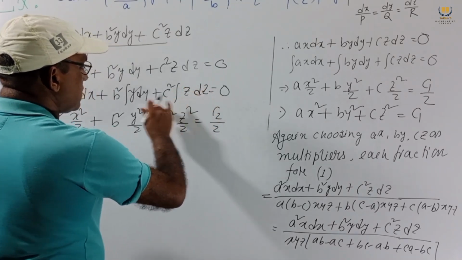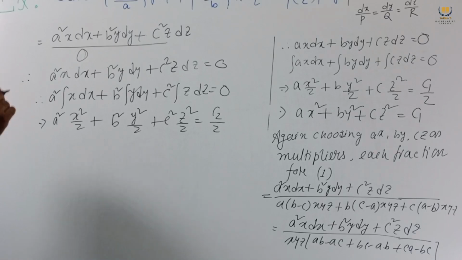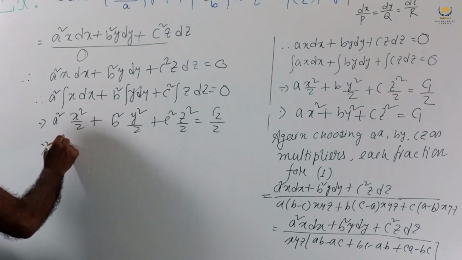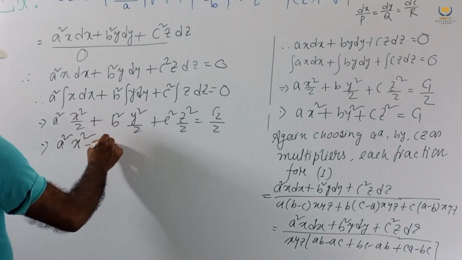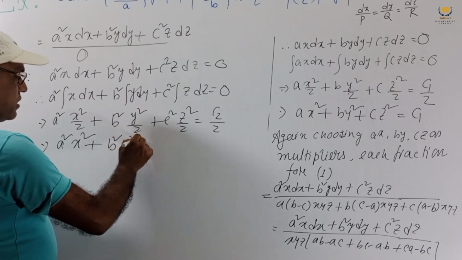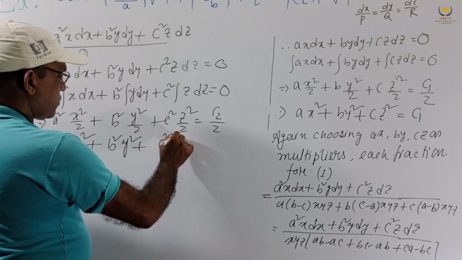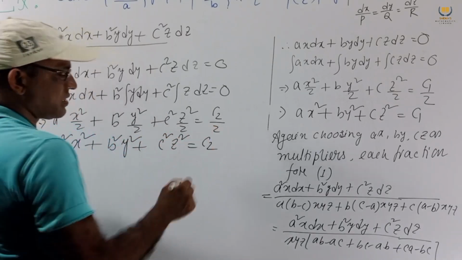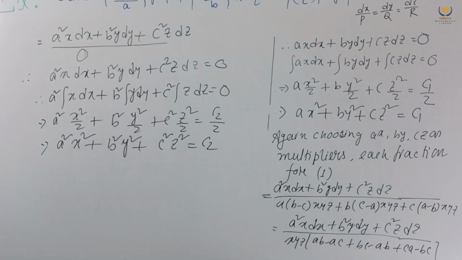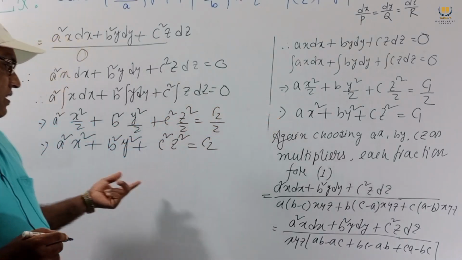Multiplying both sides by 2, a square x square plus b square y square plus c square z square equal to c2. So one solution is this, another is this.